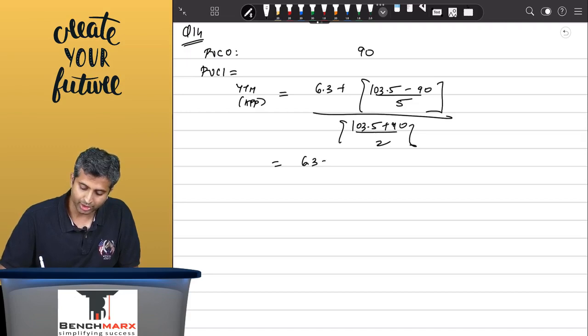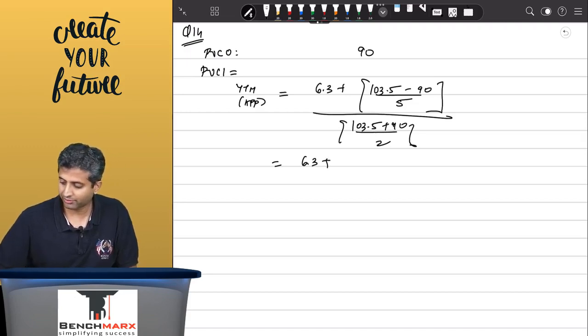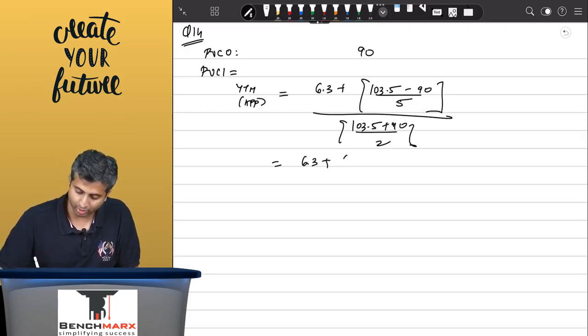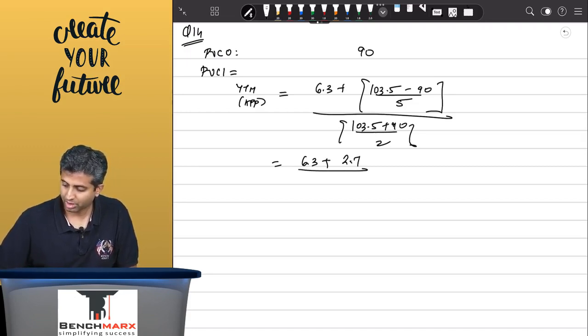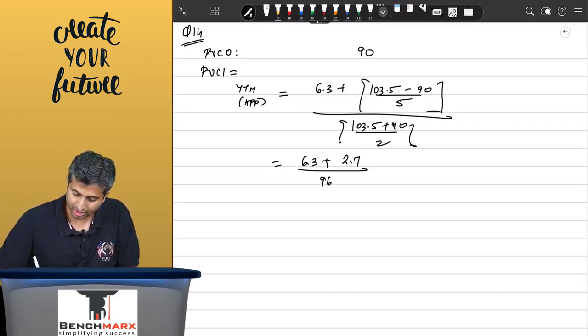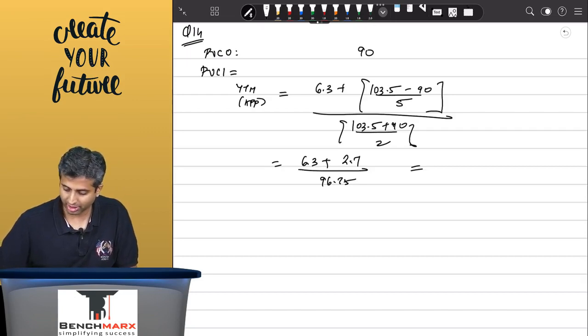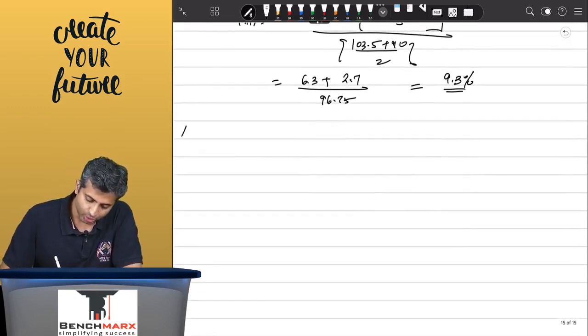So this is 6.3 plus 2.7, which is 9, upon 96.75. So 9 divided by 96.75 equals 9.3%, which is closest to 9, and hence you will start at 9%.